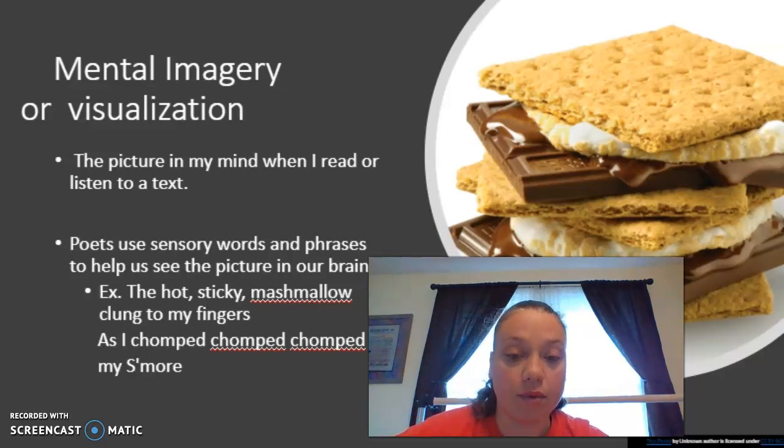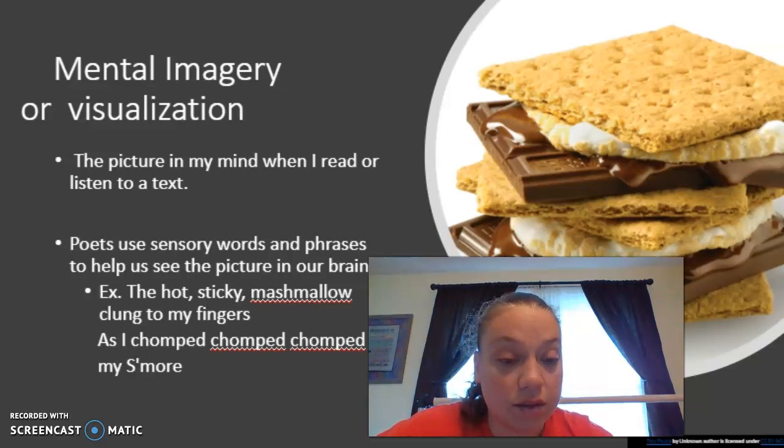So I wrote an example. The hot, sticky marshmallow clung to my fingers as I chomped, chomped, chomped my s'more. So if you look at the poem, you can see that there is some sensory language used and also some adjectives, so describing words. We have hot and we have sticky, clung, and chomped, chomped, chomped.